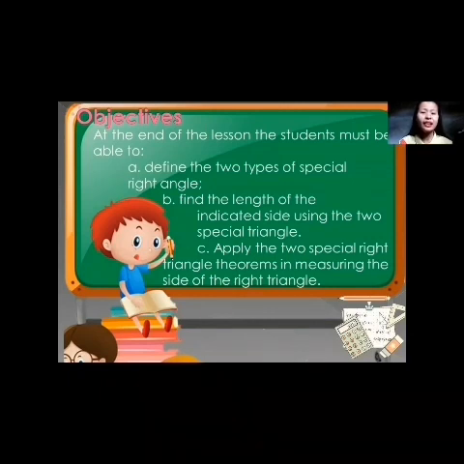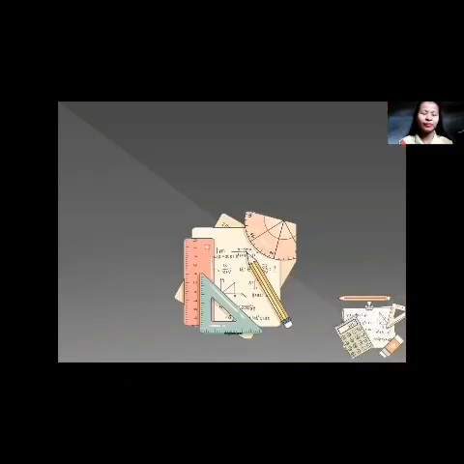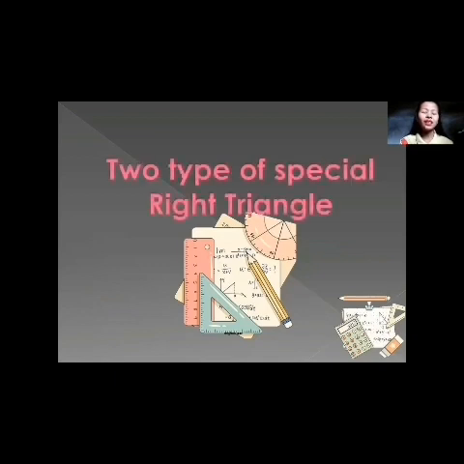B. Find the length of the indicated side using the two special triangles. And C. Apply the two special right triangle theorems in measuring the side of the right triangle. So, our topic for today is about two types of special right triangle.